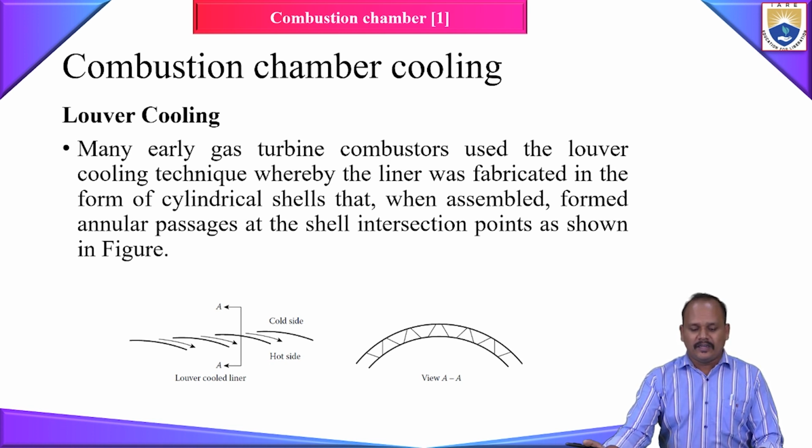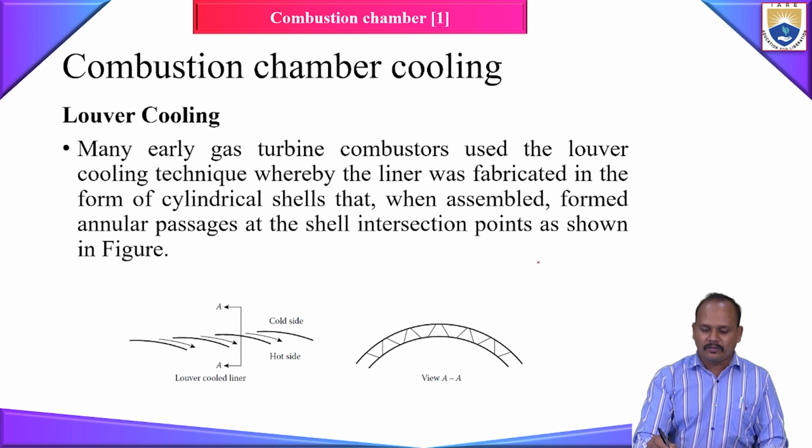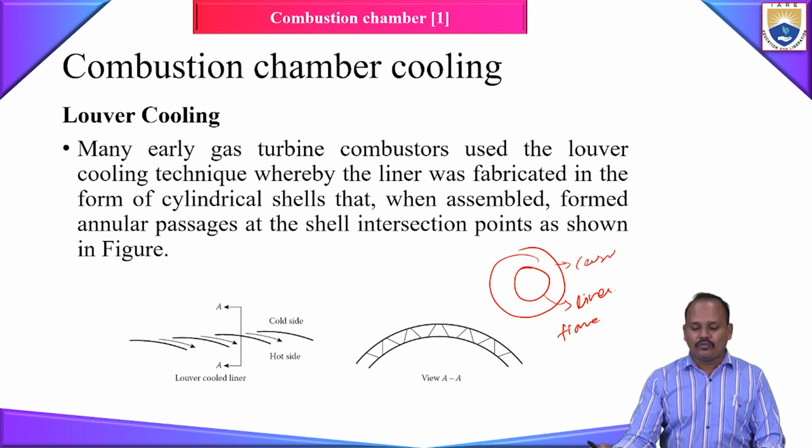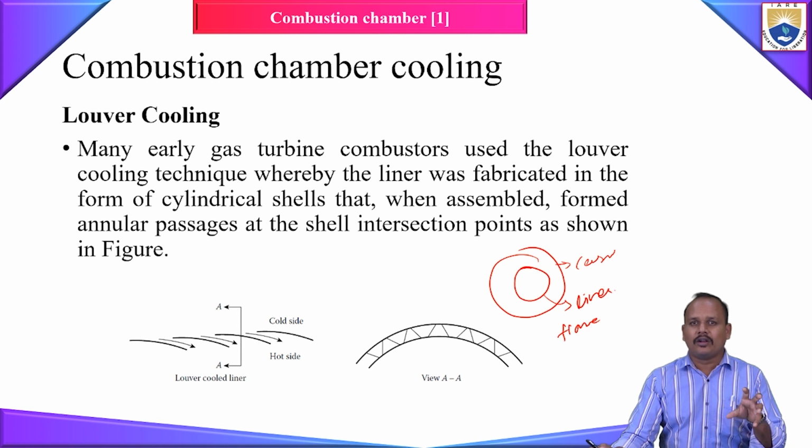We have a combustion chamber; let's say this is your casing and this is your liner or flame tube. Within the liner or flame tube only, your combustion will occur and the combustion hot gas will be limited.